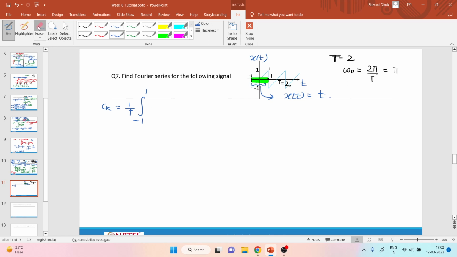and my T is equal to 2, so I can replace this by 1 by 2, integral of t, e power minus j k omega naught t, where omega naught is pi, dt.